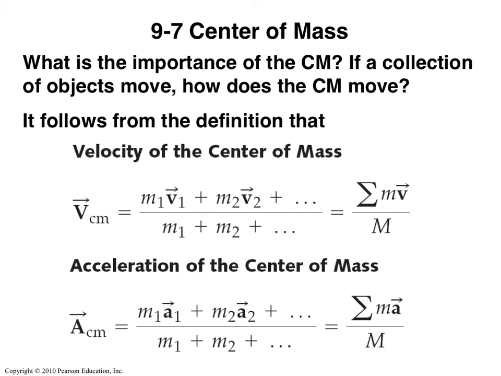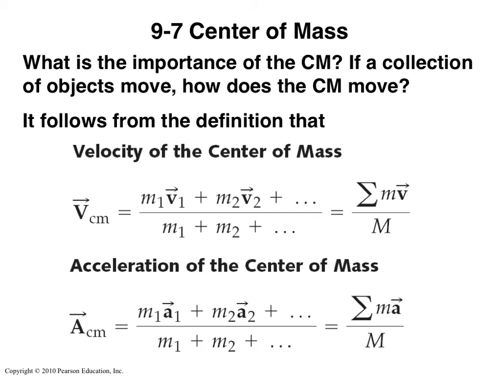And if I let the time interval shrink to 0, I'm talking about the instantaneous velocity. So the instantaneous velocity of the center of mass is equal to, lo and behold, this expression: m1 v1 plus m2 v2 plus as many of them as there are, divided by the total mass. Okay? So this follows from this.